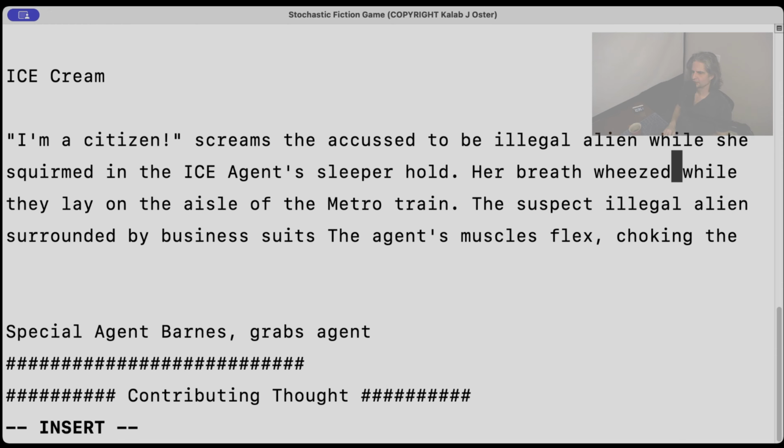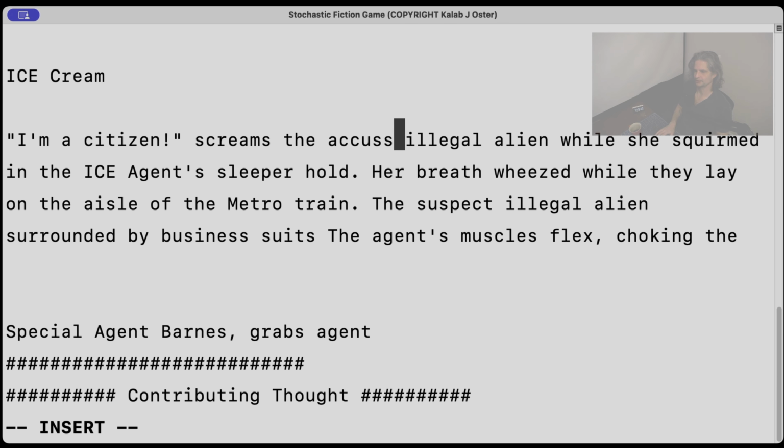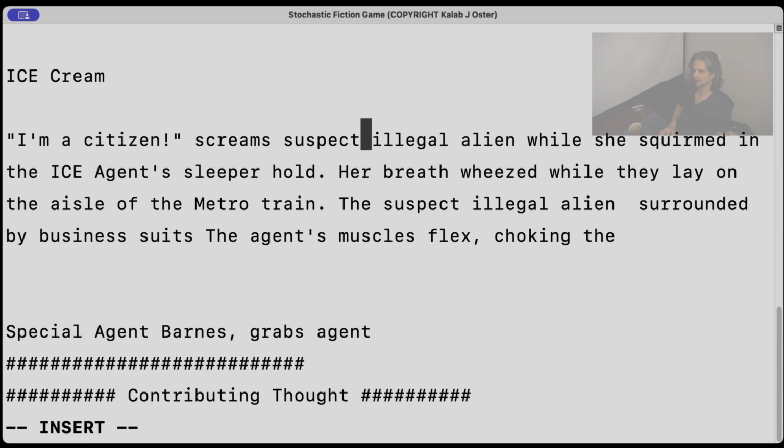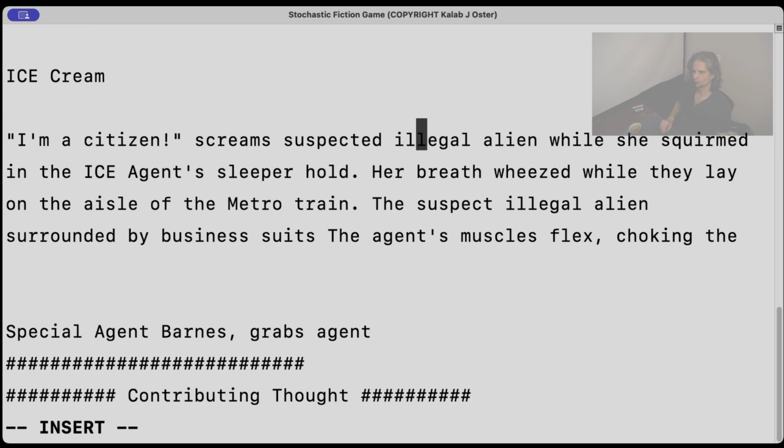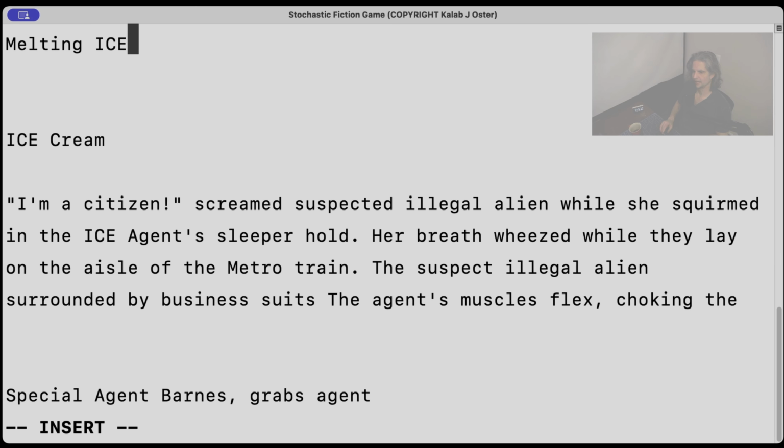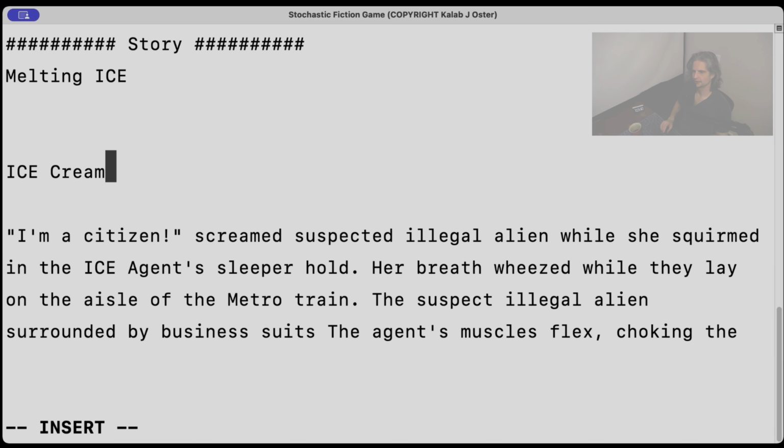I'm a citizen, screams the accused to be illegal alien. The accused, the suspected, just go suspected, man. Screams the suspected illegal alien, while she squirmed and the ICE agent screamed. See, there's my present tense. I'm calling it Ice Scream. And Melting Ice is the name of the chapter.